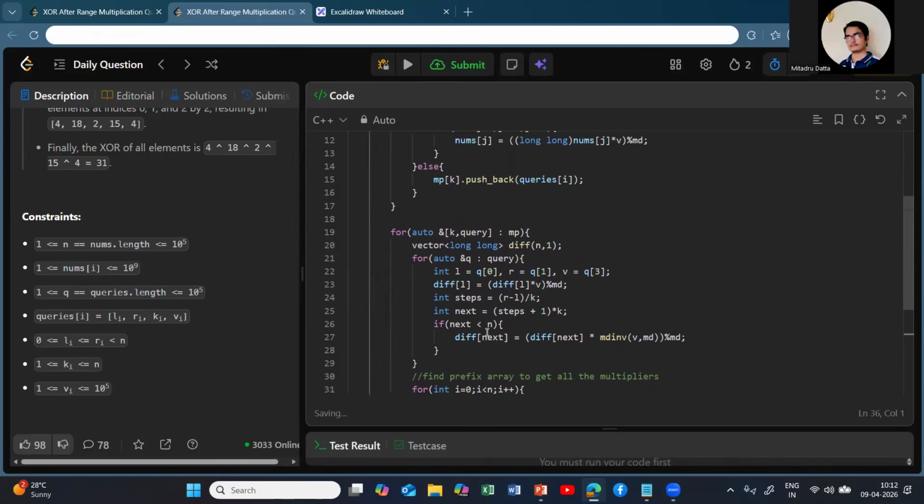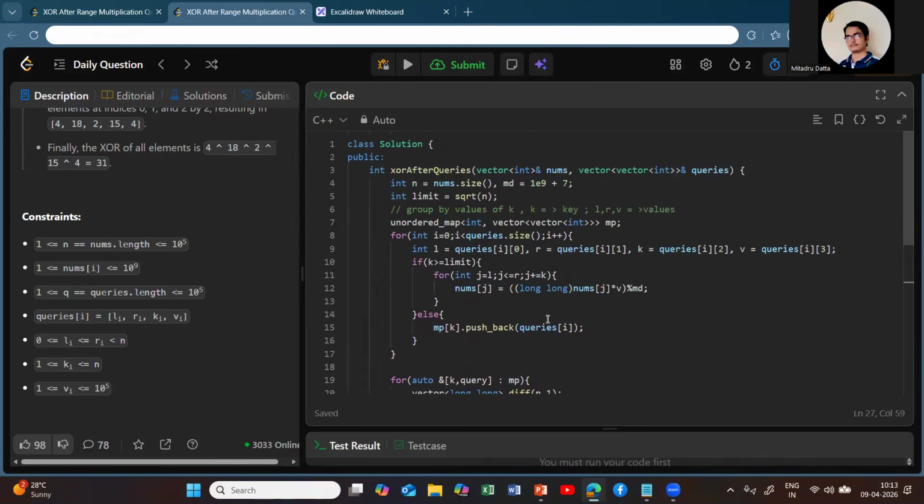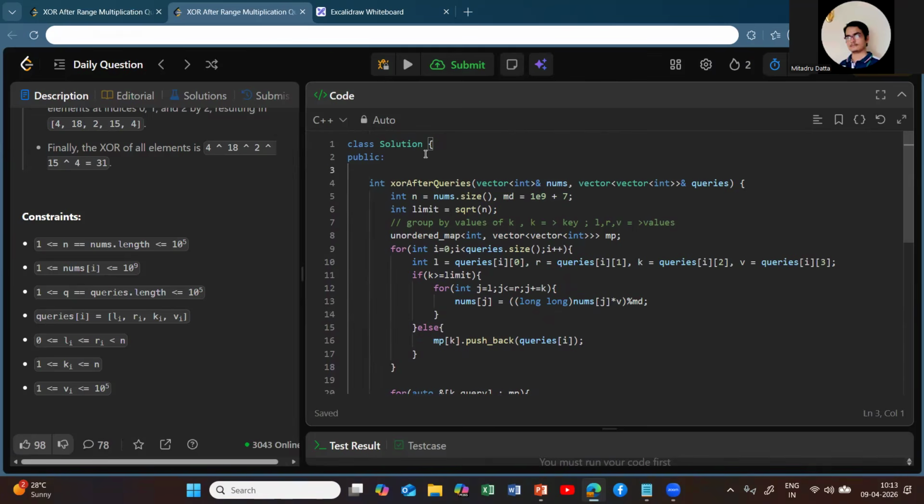It is all. All you need to do is now apply this mod inverse function. I hope that you can easily do. As I told you, with Fermat's little theorem, this mod inverse, v inverse, is nothing but v to the power of mod minus 2. So all you need to calculate is v to the power of mod minus 2.